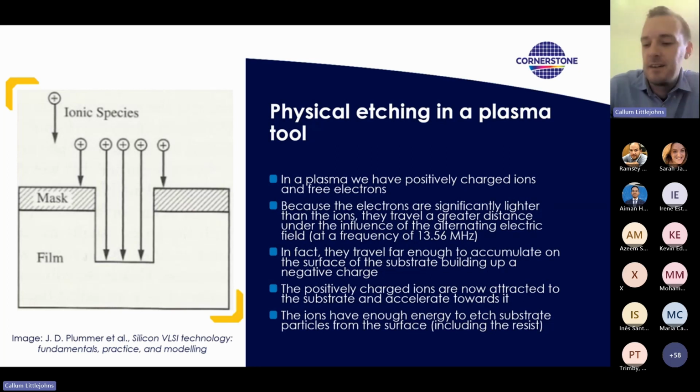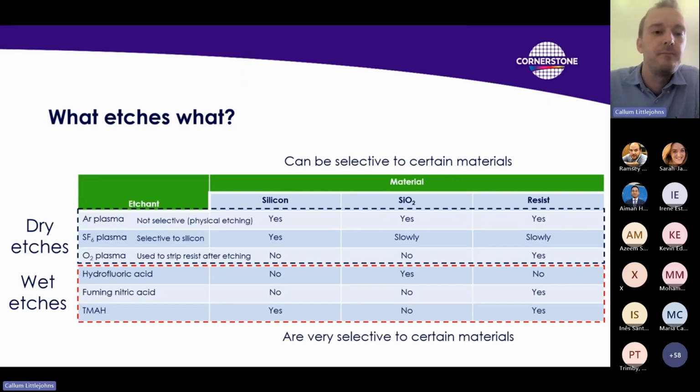But it's important to consider that we also etch away the mask, so we need to have a mask layer that's thick enough, or a process that's selective enough to what we want to etch, to make sure that we don't run out of resist during the etching process.